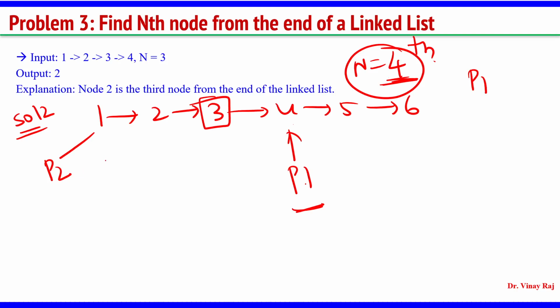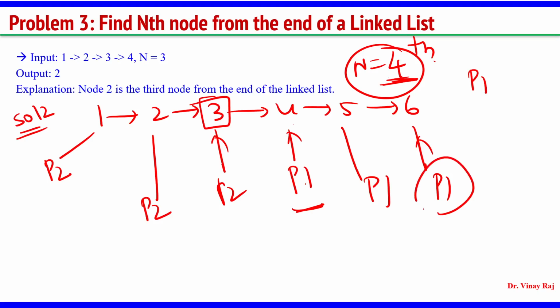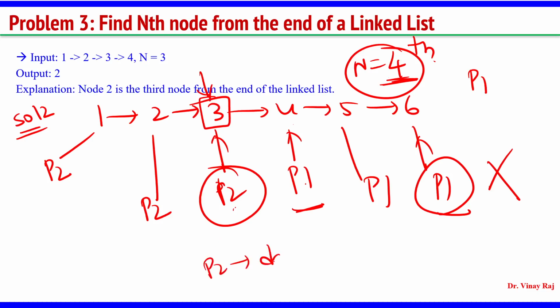After one iteration, P2 will come here, P1 will come here. Second iteration, the same. That's it. P1 has reached the end, P2 will stop here itself, so your while loop will stop. P2 stopped at 3. So simply print P2's data, which is the fourth node from the end of the linked list.